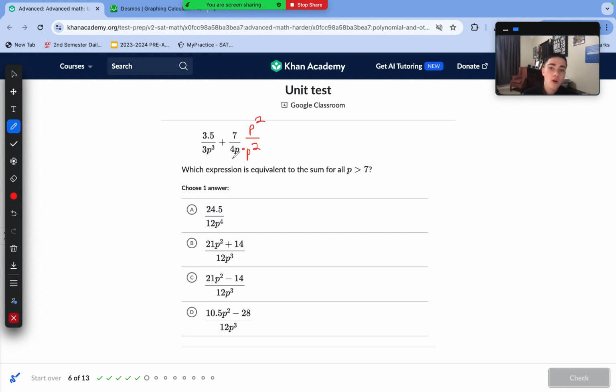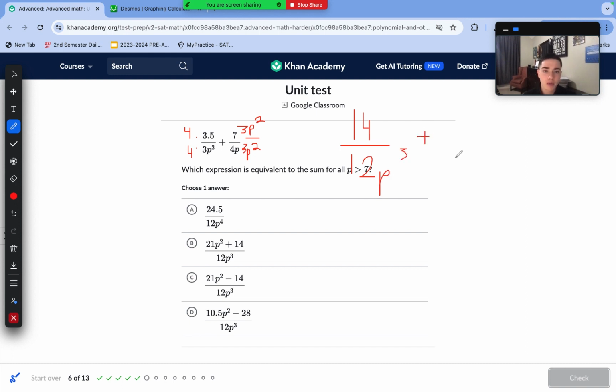Out of 3 and 4, the least common denominator is 12, which means we would multiply the first fraction by 4 in order to get to 12, and the second one by 3 in order to get to 12. So our least common denominator in full is 12p to the third, but let's go ahead and do these multiplications in order to figure this out. First of all, 3.5 times 4 is 14 over 12p to the third.